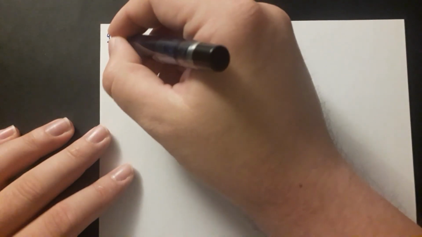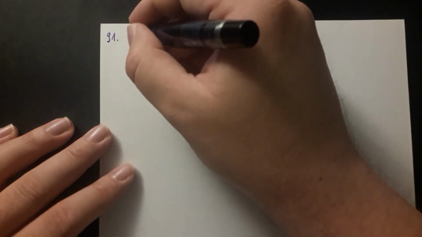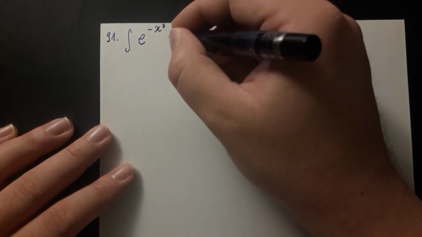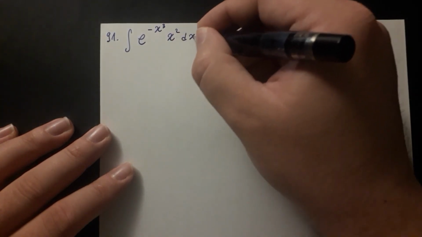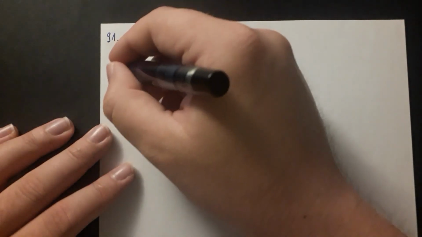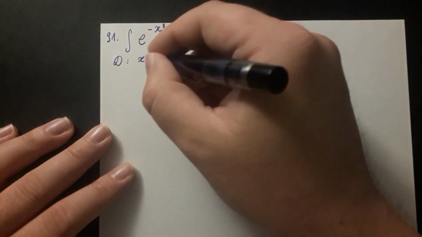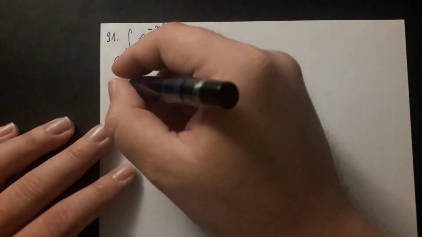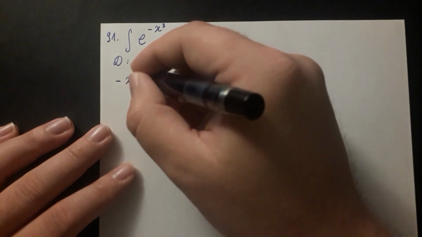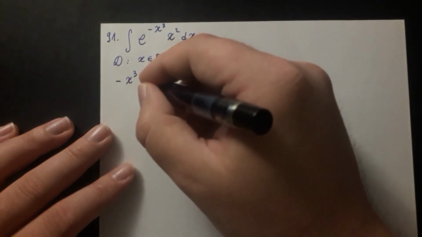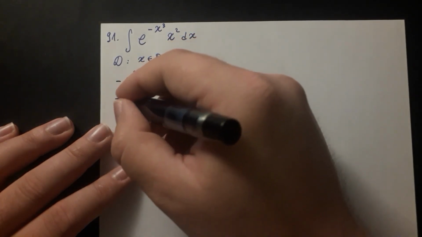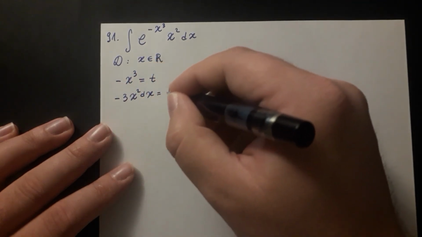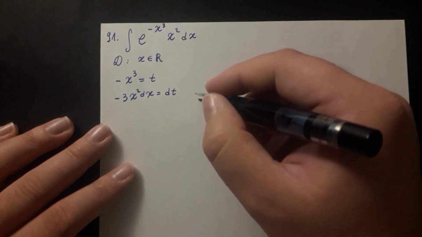Integral number 91 on our list is an integral of e to the power negative x cubed times x squared dx. Area in which this integral is defined is for all x's which are real numbers. We can introduce the substitution that minus x cubed is equal to t, and we get that negative 3x squared dx is equal to differential of t.